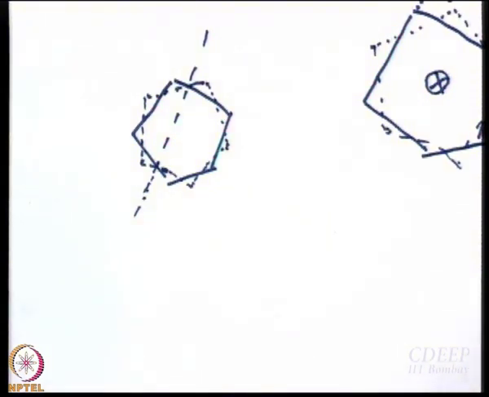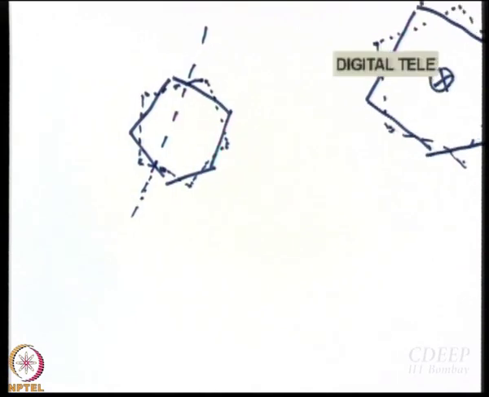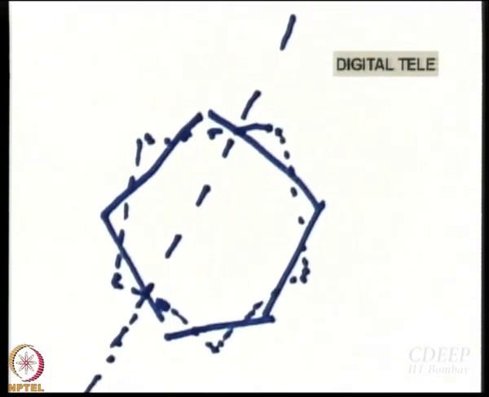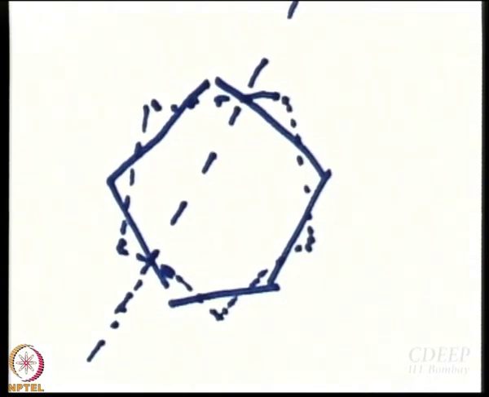I wish I had a pen of another color. Let us look at it point by point, then only we will understand. This is one way of making a small diagram look big, fortunately.